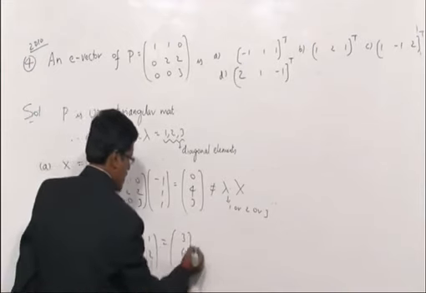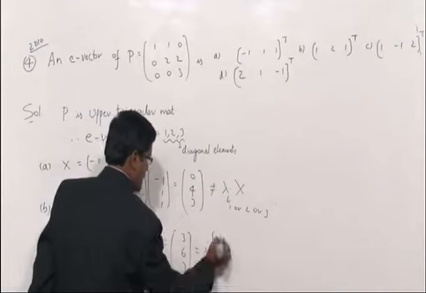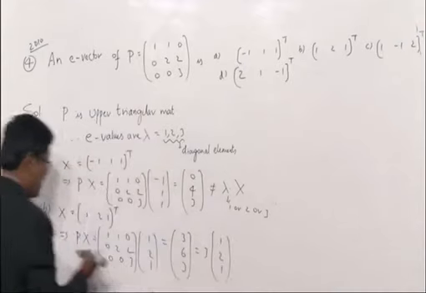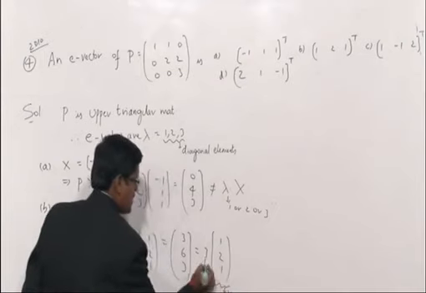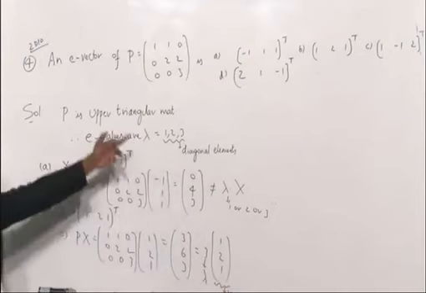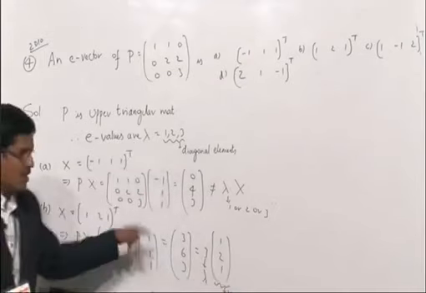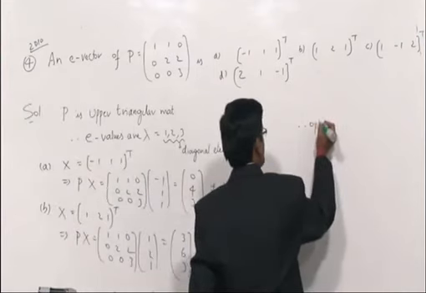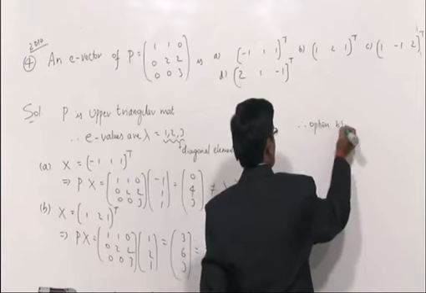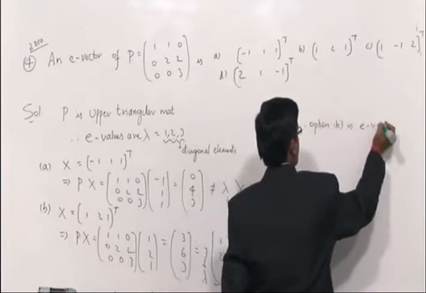In this I take 3 common and keep it outside, and then 1, 2, 1 is nothing but the given vector x, and 3 is one of the eigenvalues we got, even though the eigenvalue is not mentioned in option B. Therefore option B is the eigenvector.